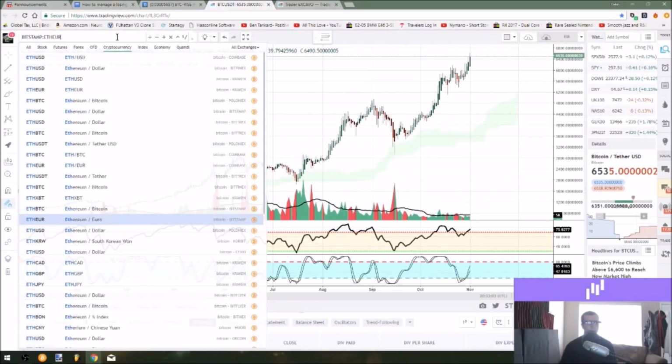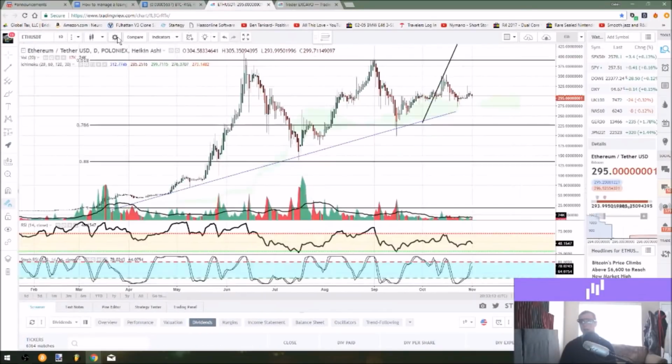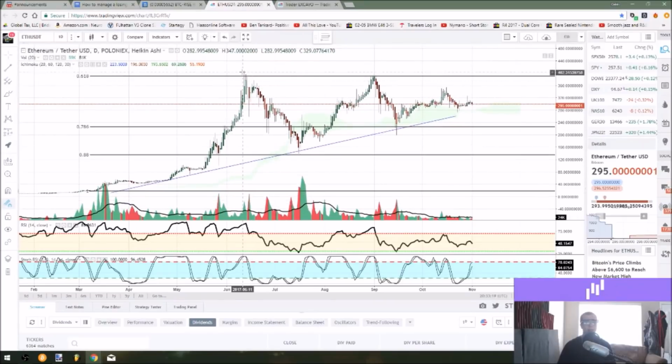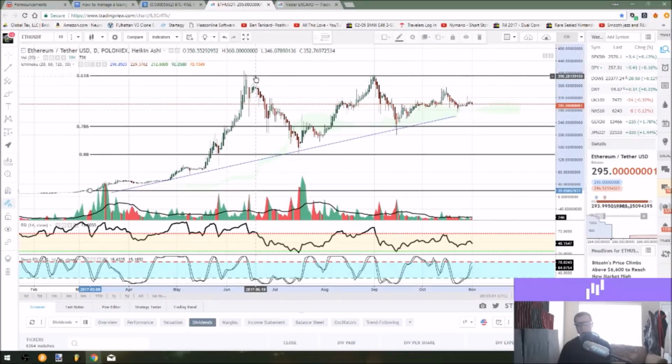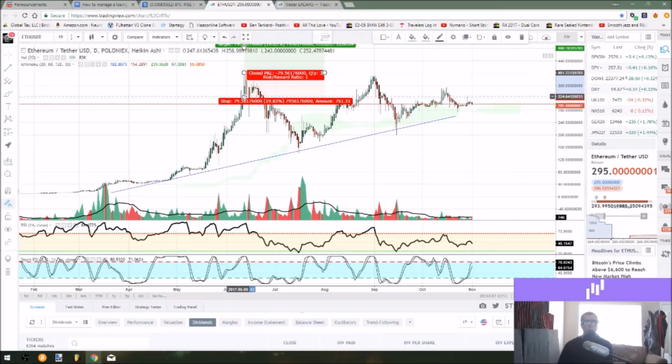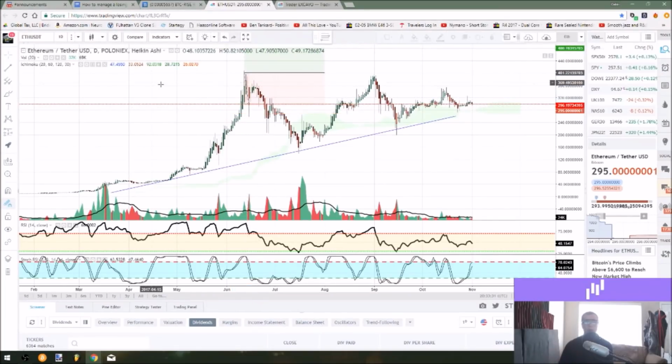Ethereum dollar, Poloniex, Ethereum Bitcoin, Ethereum Tether Poloniex. Okay. So Ethereum. Now, if you bought the top on Ethereum, let's say that your entry was at $403, and it's at where it's at currently, you're only down 26% on your entry.